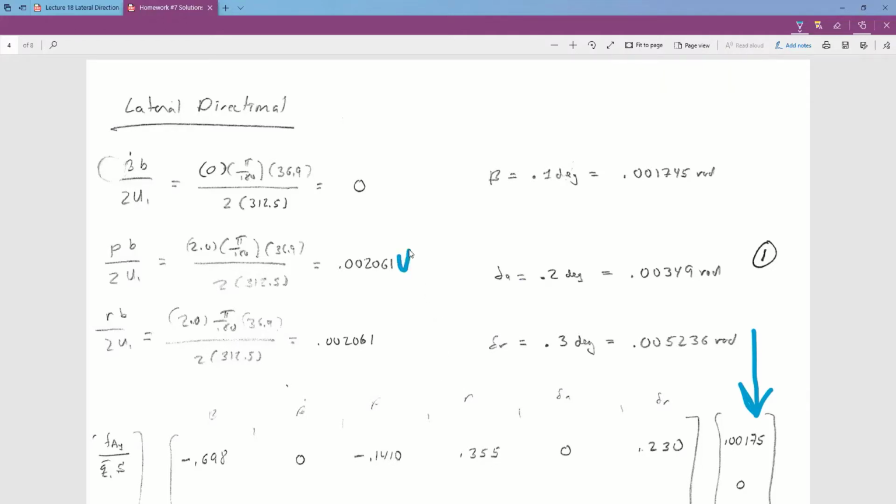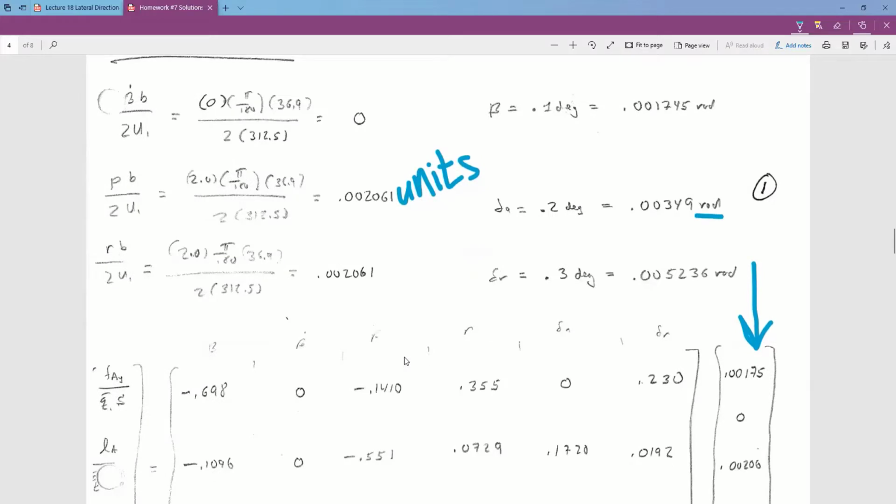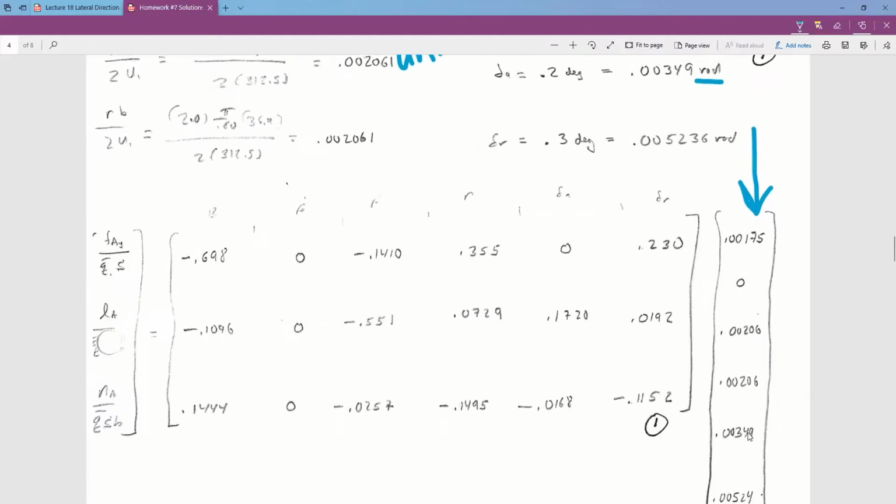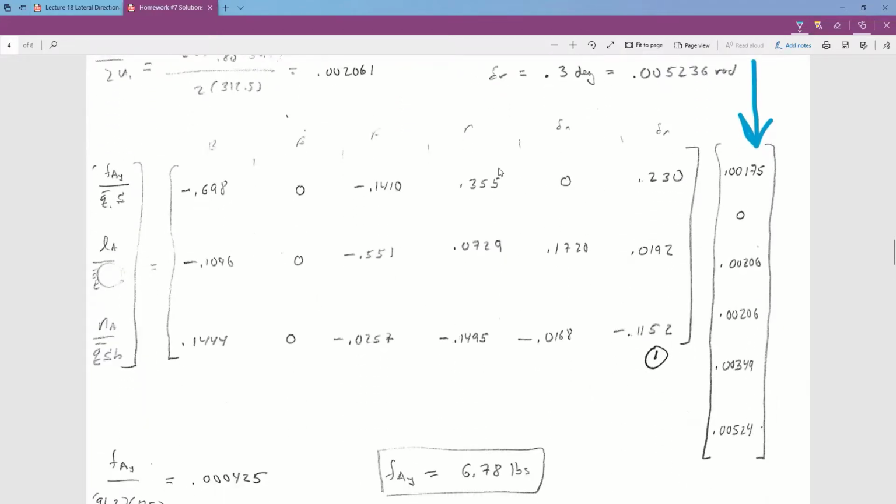There's no units on any of this unless you are willing to write radians just to make sure you know that you don't have it in degrees. And then those numbers go into the appropriate places in the column vector. Fill in the numbers from the appendix.